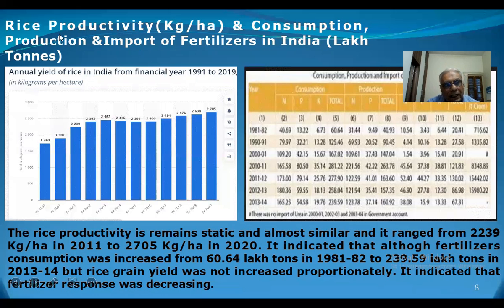Here I have given the rice productivity and consumption, production and import of fertilizer in India, and the figures are given in lakh tons. Here you can see the rice productivity remains static and almost similar, ranging from 2,239 kg per hectare in 2011 to 2,705 kg in 2020.